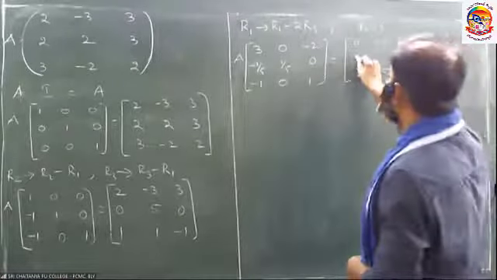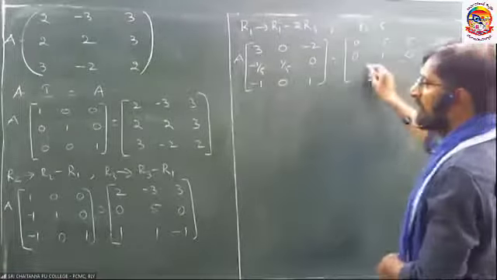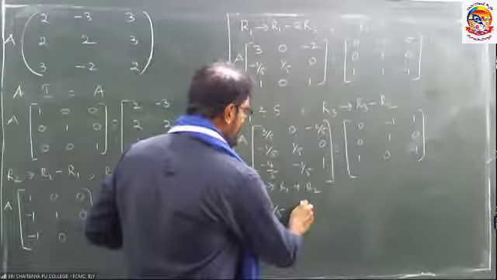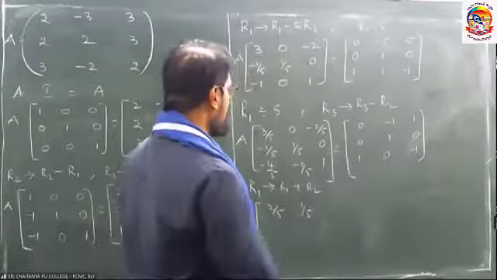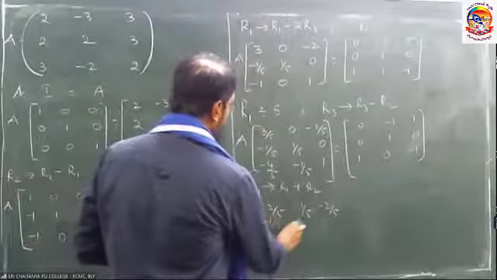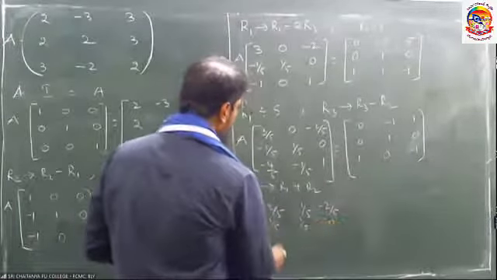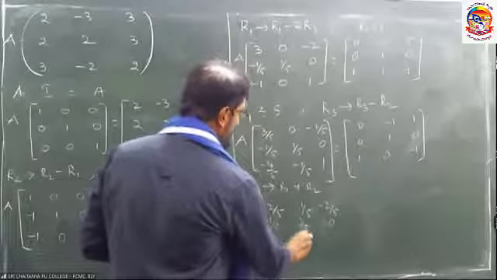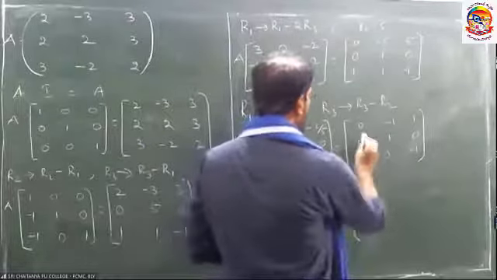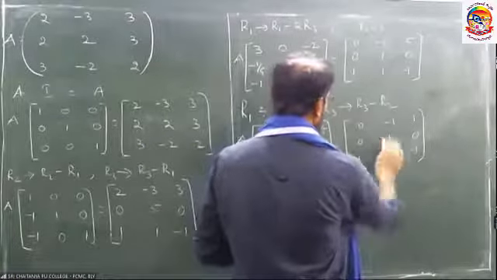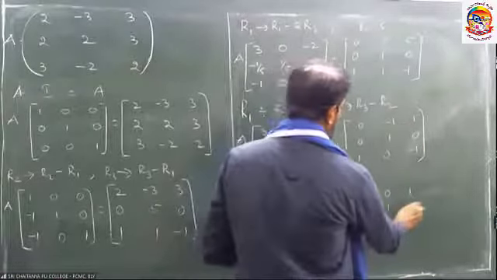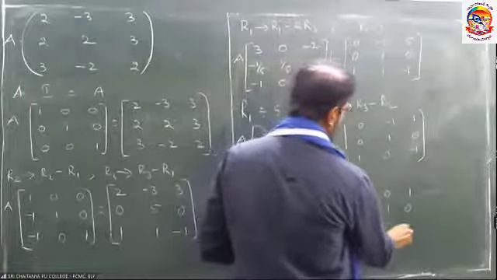Next 0, 1, 0, and this is 1 by 5, it is equals to 1 by 5 minus 2 by 5, and this is as it is 1 by 5, 1 by 5, 0, and it is minus 4 by 5 minus 1 by 5 is 1, is equals to 0 plus 0, obviously 0, minus 1 plus 1, 0, and it is 1, and 0, 1, 0, and here it is 1, 0, minus 1.